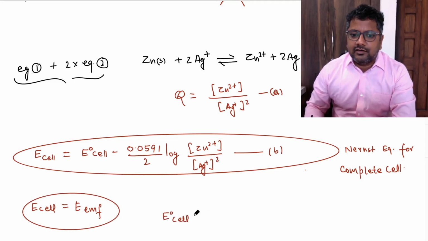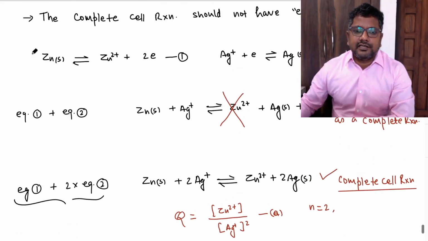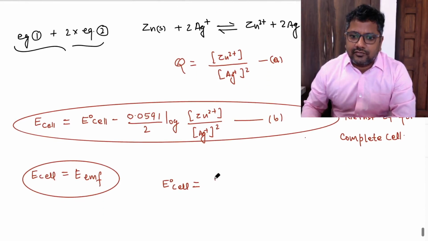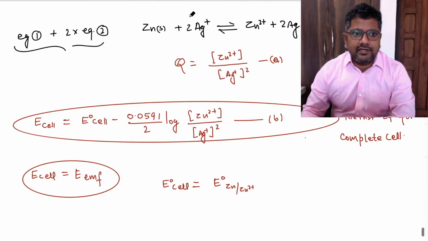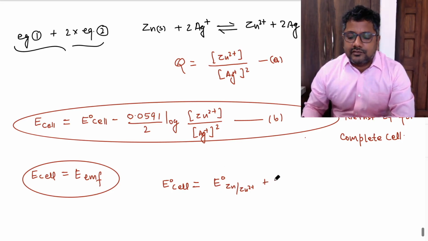So here E naught cell is equal to, see what you have taken. This is oxidation and this is reduction, and you are adding these two. So E naught of Zn oblique Zn2+, whatever you have written in the equation, that value you have to take, plus E naught of Ag+ oblique Ag.